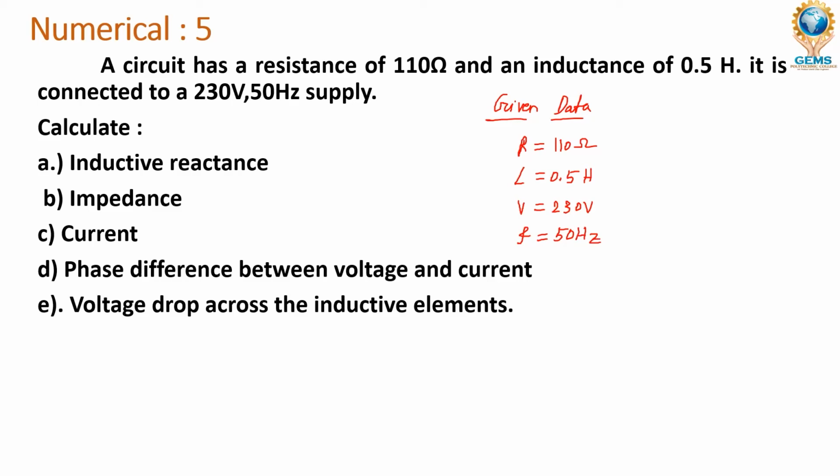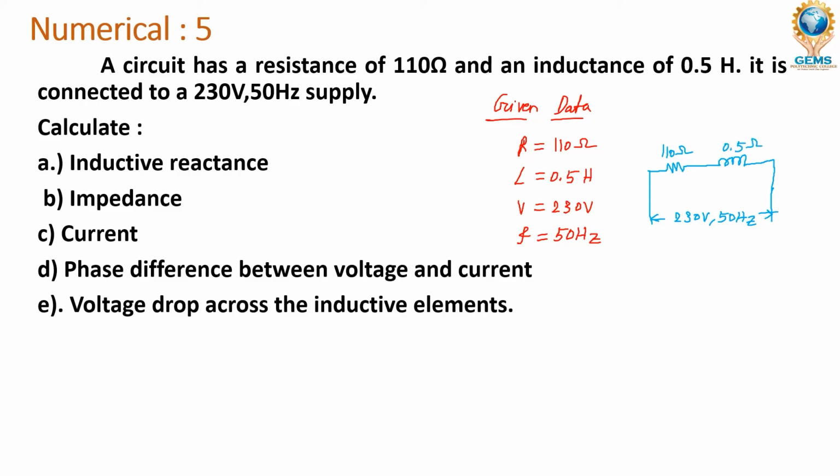If you see, the circuit will be like this: resistor, inductor connected in series, and the voltage. Voltage is 230 volts, 50 Hz. Resistance value 110 ohms, inductance 0.5 Henry.